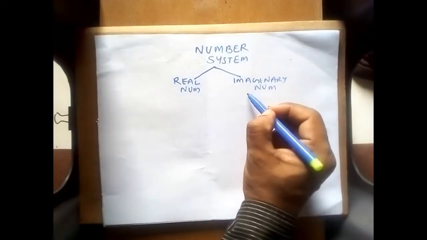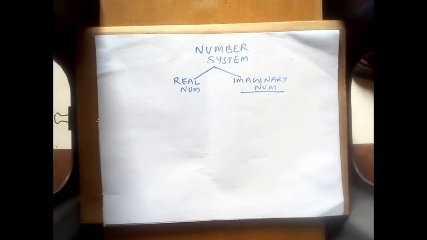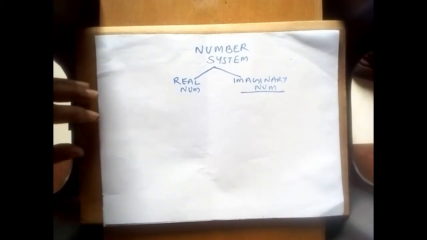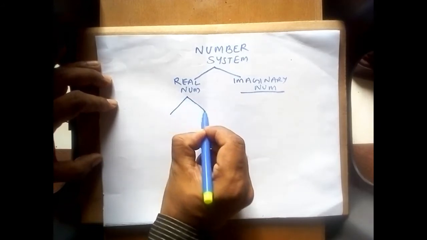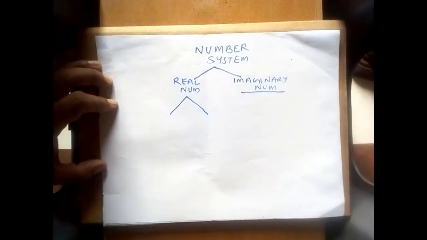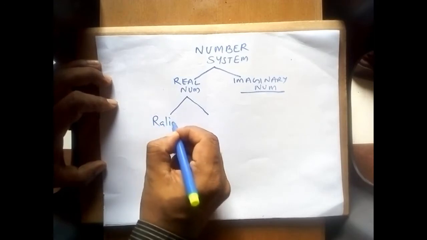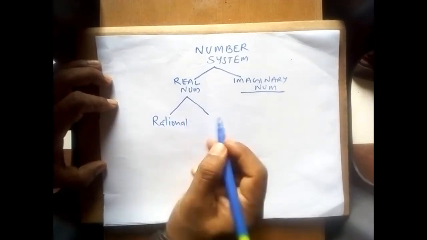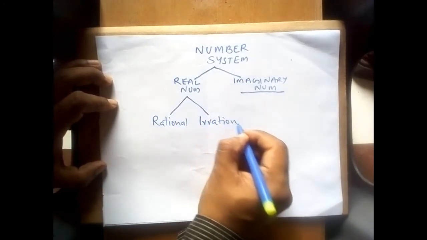This portion we are not going to touch now because that is beyond the scope of our discussion. So we are interested only in real numbers. Real numbers can be divided again into two sections: rational numbers and irrational numbers.